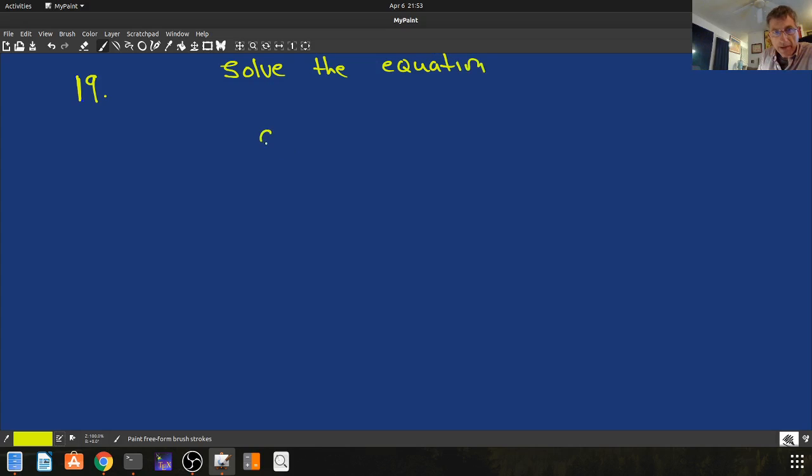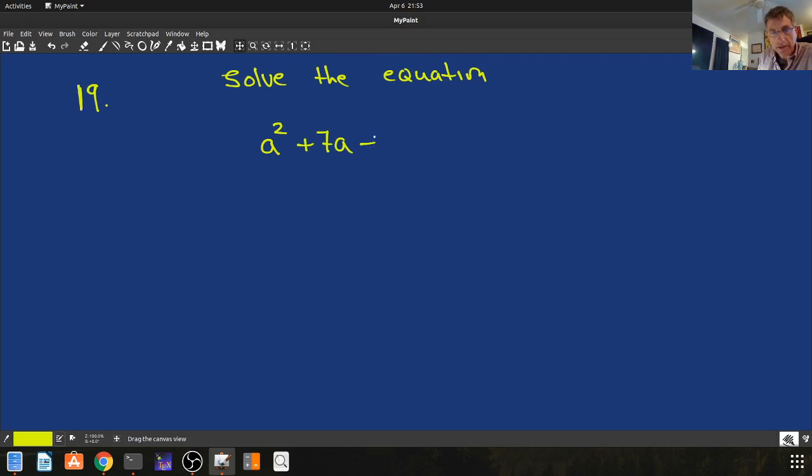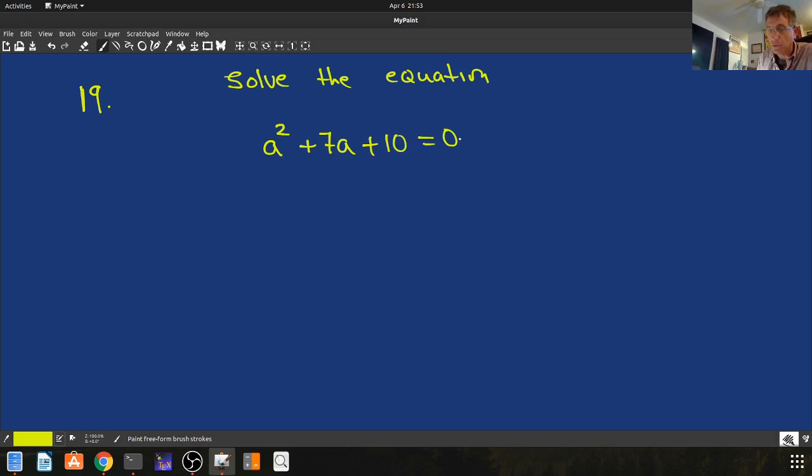And we have a squared plus 7a plus 10 is equal to 0. So there's only one way we have to solve that, and it's called the zero factor property.